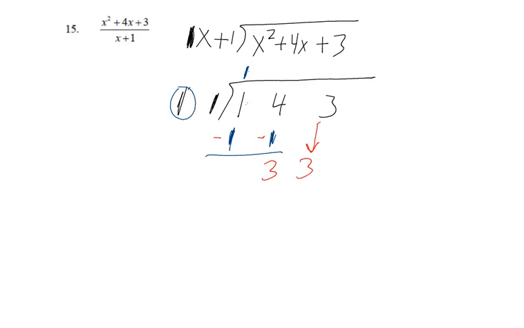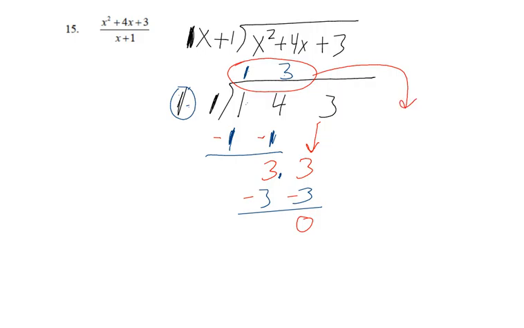Let's do it again. This 1 goes into 3, 3 times. 3 times 1 is 3. 3 times 1 is also 3. And again, subtract, and you get 0. Alright, this stuff up top, 1, 3, what that really means is 1x plus 3. That is the answer, 1x plus 3.